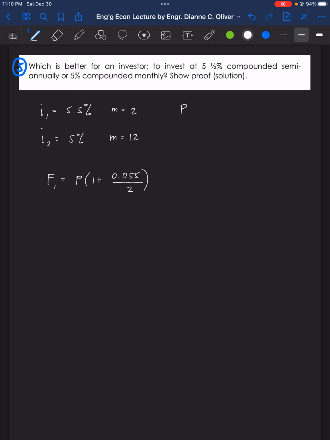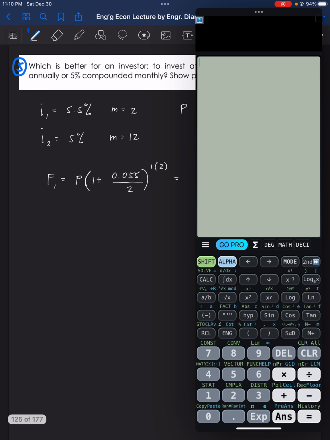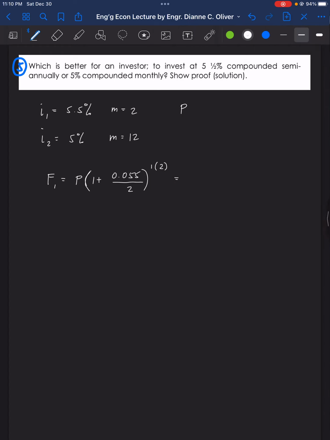Say the number of years is 1. So what's the value of F1? 1 plus 0.055 over 2 raised to 2. So that will be 1.056, so 1.056 P.